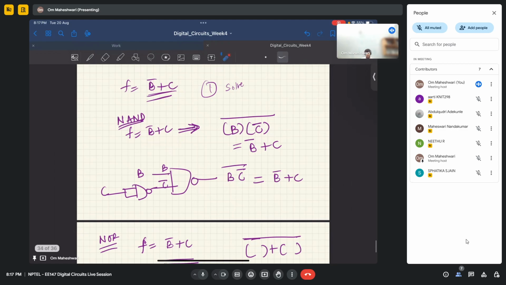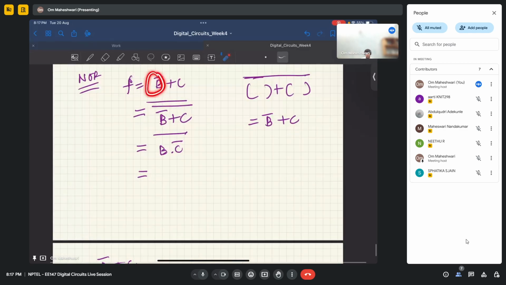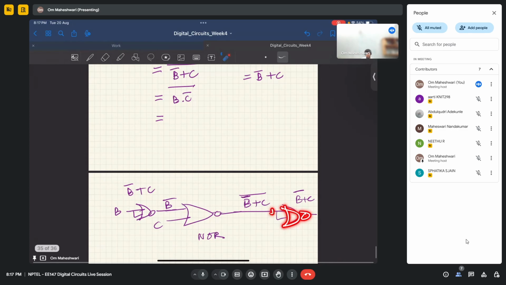You see how you will convert this into this NAND form to get the answer. Once you have converted this, then you can simply make the NAND gate and do it. Whereas in NOR, this expression is already in the sum form, which is the OR operation. So just simply do an OR and do a NOT out of it.